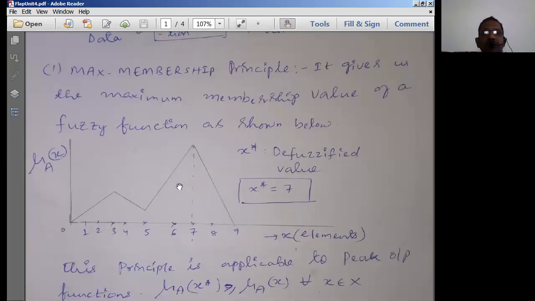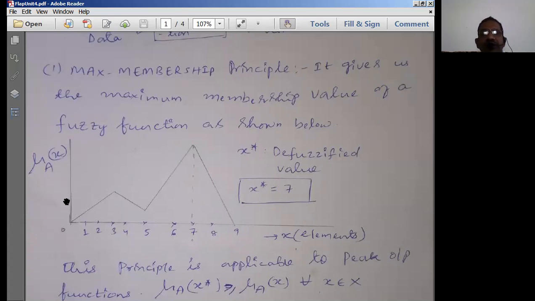The values of the membership function normally vary with respect to the elements of the fuzzy set. So we understood that we represent the fuzzy set by using its values along with the membership functions.